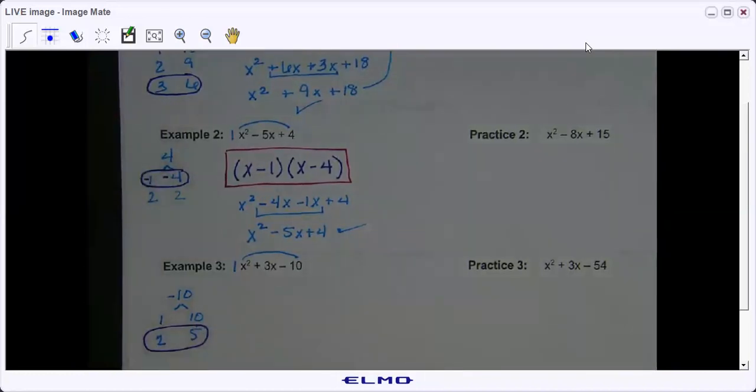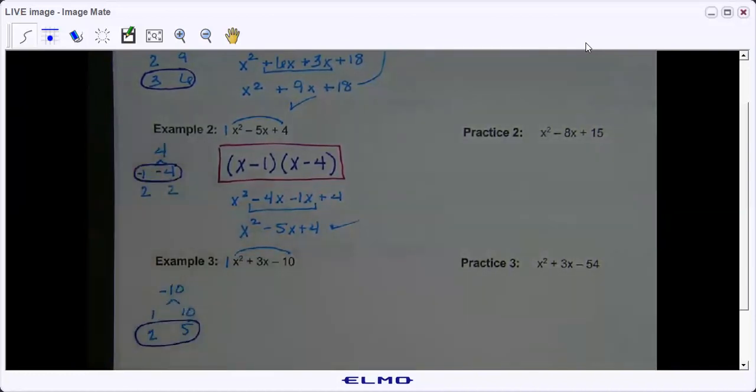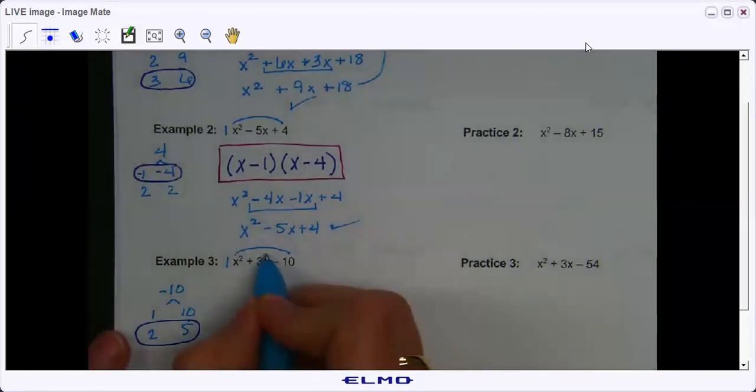All right, now because 10 is a negative number, we have to have one of the factors be negative, because 2 times 5 is a +10. And a -2 times a -5 is a +10. But if one of these were negative, it would give us a -10 when we multiplied them together. So let's look up here at our 3.